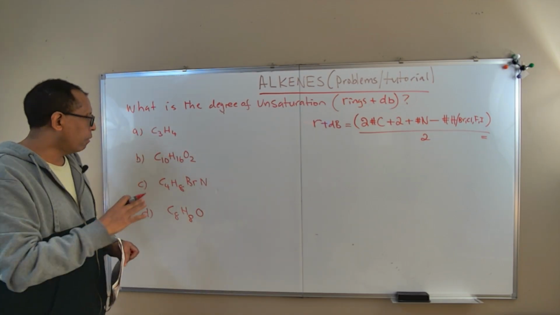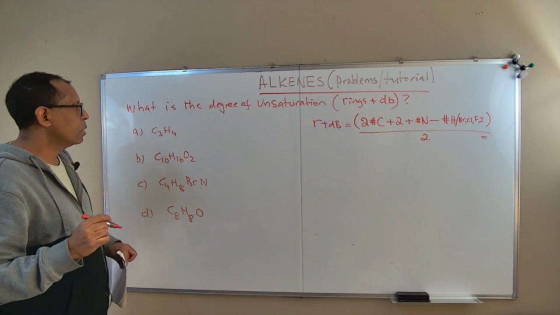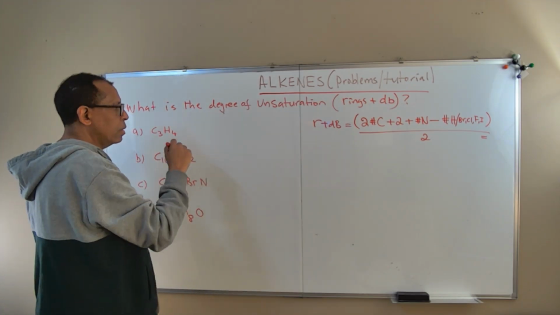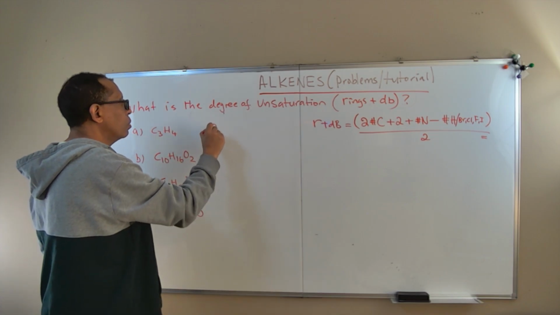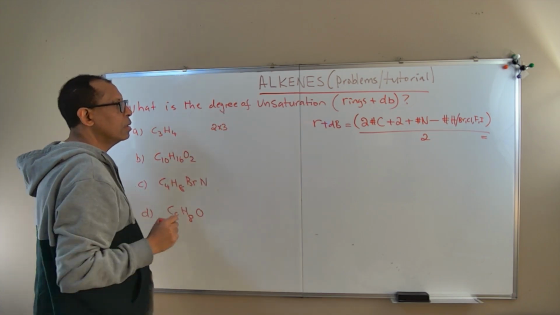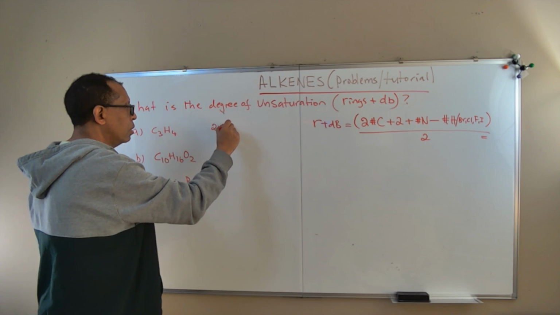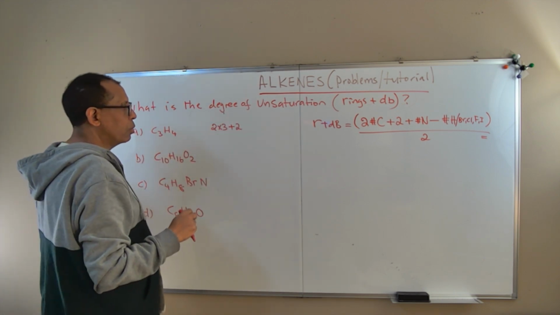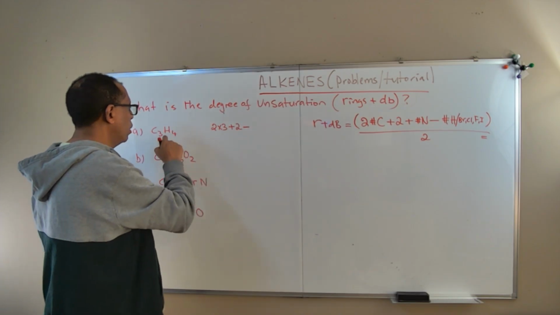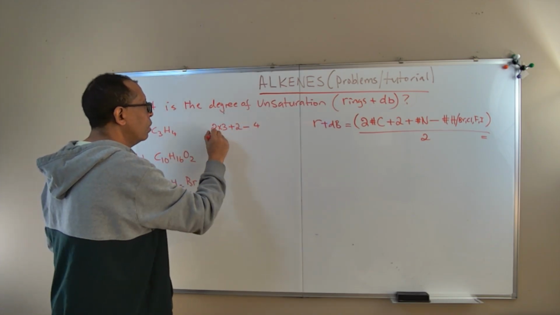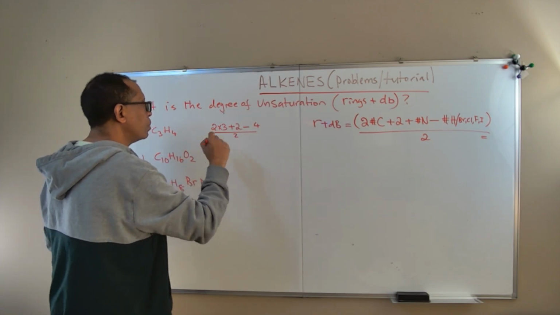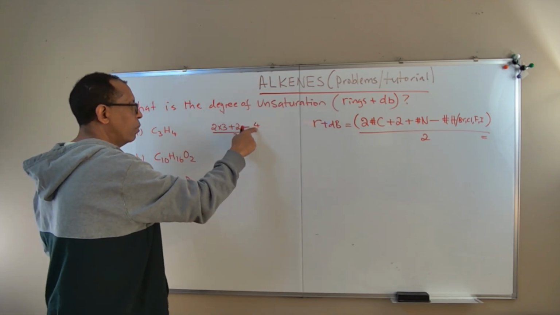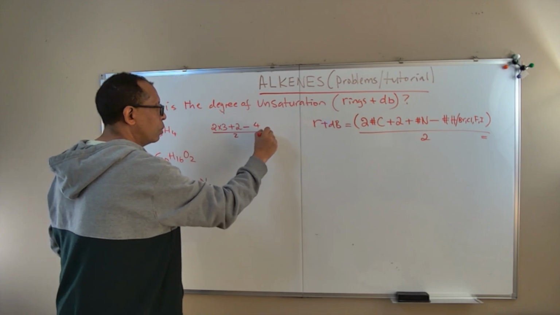So let's solve C3H4. For C3H4, the number of carbons is 3. So I will calculate 2 times 3 plus 2, as in the formula. We don't have any nitrogen, so minus the number of hydrogens, which is 4, over 2. That is 2 times 3, 6, plus 2 is 8. 8 minus 4 over 2 is 2.